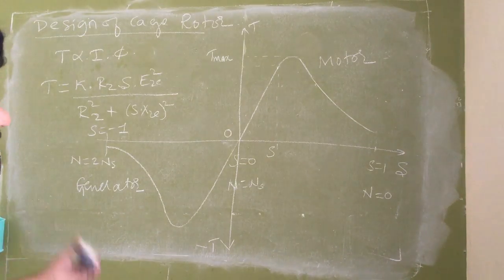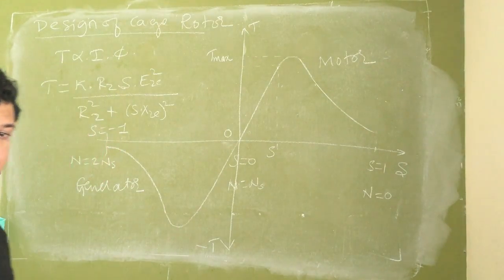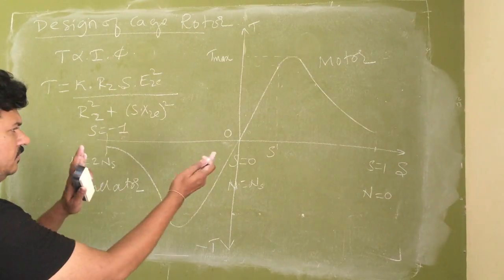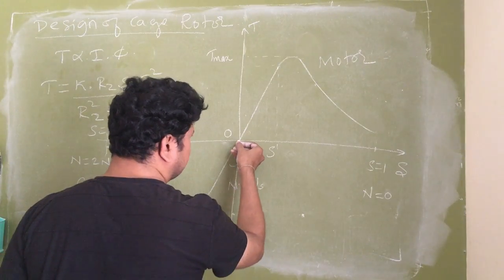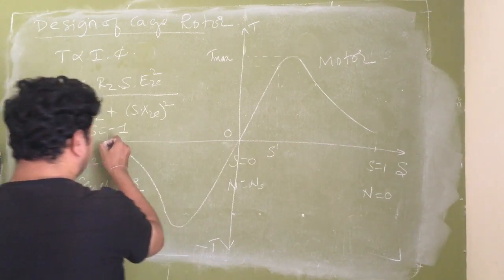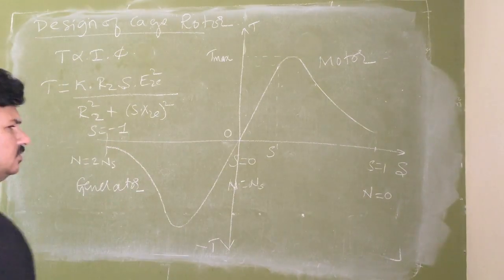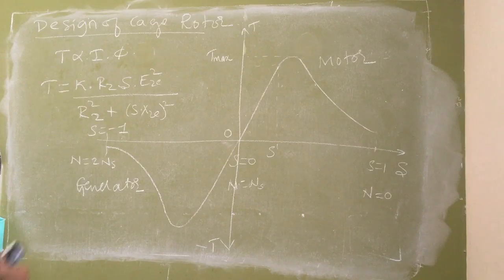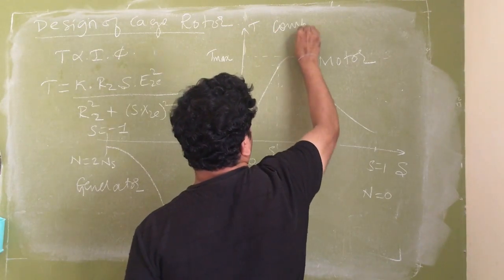Now, if I want speed torque characteristics, I am not interested in slip now. I am interested in speed. Flip the graph vertically, it becomes the speed torque characteristics. Because if slip is varying from S to 1 and S to 0, speed is varying from 0 to Ns and Ns to 2Ns. So this is the complete torque slip characteristics.